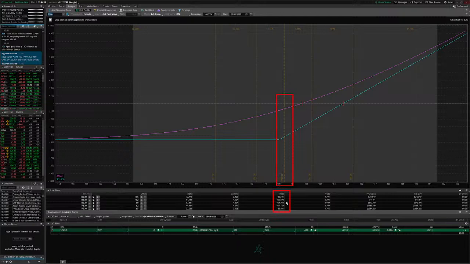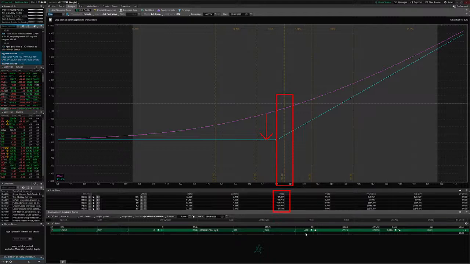So again, this is showing the theta burn, the extrinsic value of that option, which will continue to lose value, and at Friday afternoon, this purple line will move down and become the blue line, right at the end of the day on Friday.